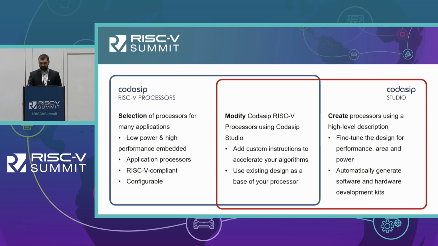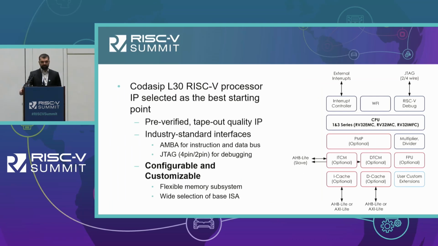So I mentioned we have a wide selection of CPUs, but for this project, we went with the L30, which is our small and efficient core. It's a three-stage design, and if you look at the block diagram, it's something that you would expect.